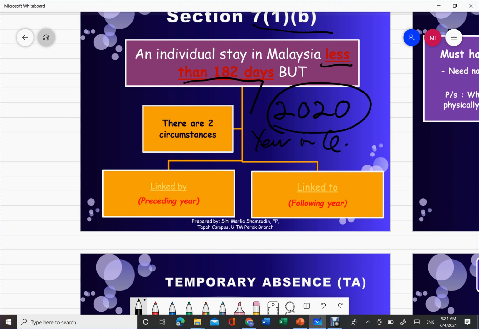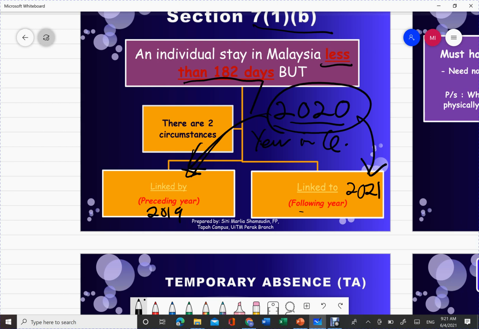The year in question must be either linked by or linked to. If you link by, we link the year in question with the immediately preceding year. Because the year in question is 2020, we link year 2020 with year 2019. But if you link to, you link year 2020 with the following year, which is year 2021.